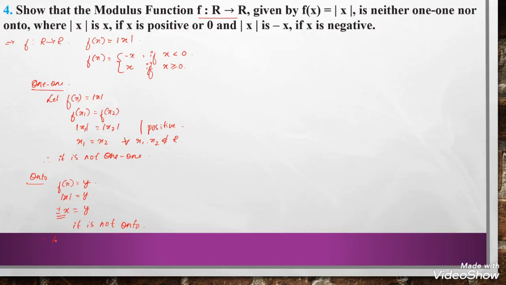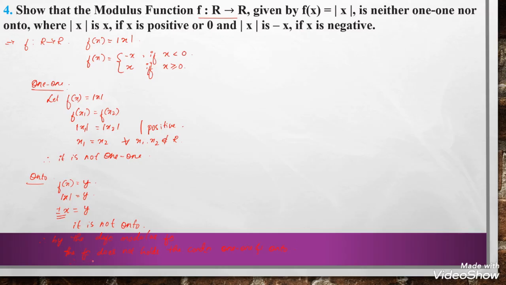Therefore, by the definition of the modulus function, it does not hold the conditions of one-one and onto.